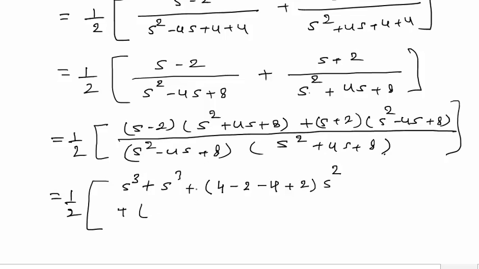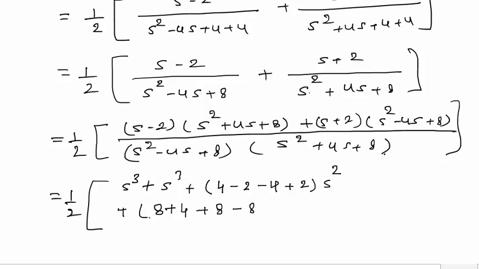now let us see what about s. This s when multiplied by 8, I will have 8s. This minus 2 when multiplied by 4, so I have minus 8. Then in the second bracket, s multiplied by 8, so I have again plus 8, and this 2 multiplied by 4 gives plus 8.